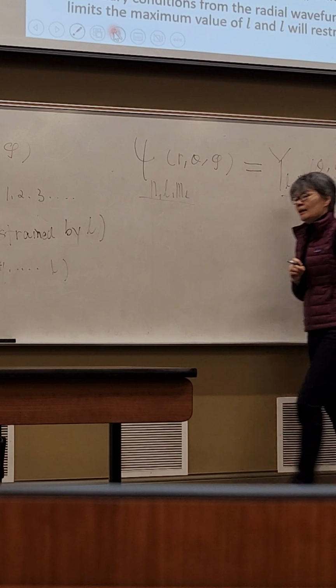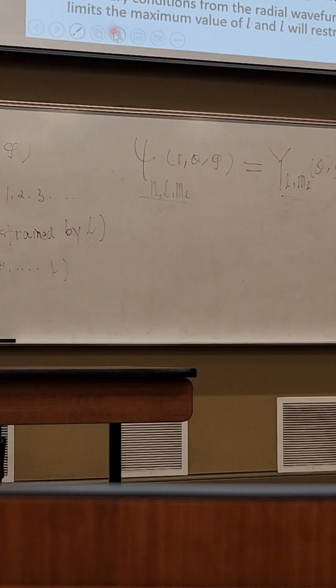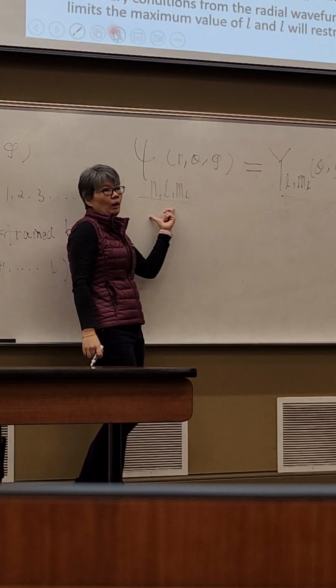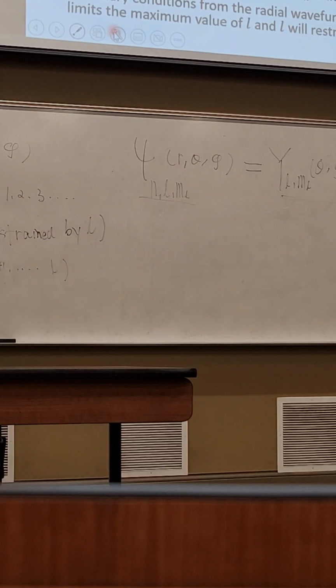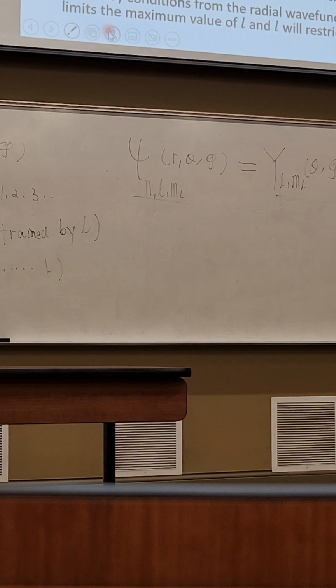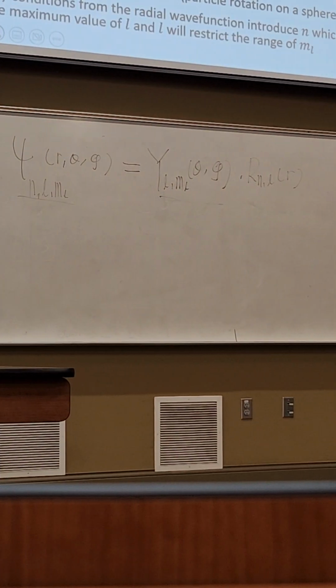All right, so each quantum state for the electron in the hydrogen-like system is determined by these 3 quantum numbers. Now we already know what L is. N is the principal quantum number.